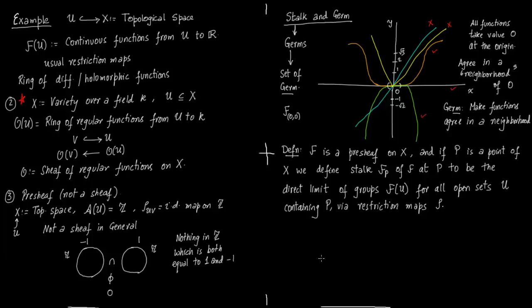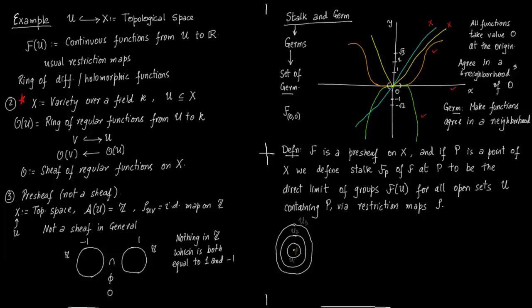So the point P above is (0, 0). Around point P there is a sequence of neighborhoods, say U1, U2, U3: U1 here, U2 here, U3 here, and you have point P here.